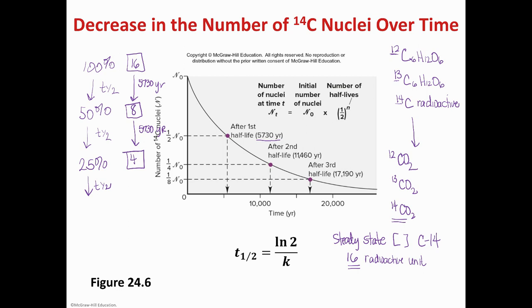If the amount of carbon-14 is measured to be 8, that's our measured value, then we know that it died 5,730 years ago. If the measured value is 4, then we know that it died 2 half-lives ago.